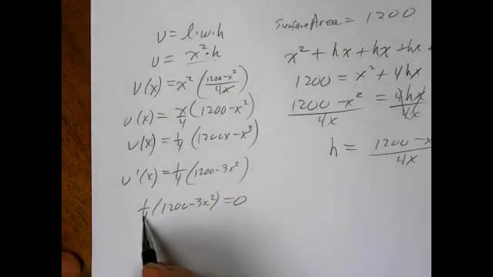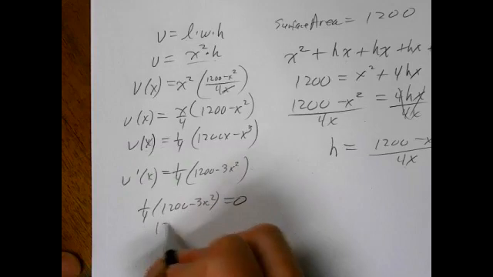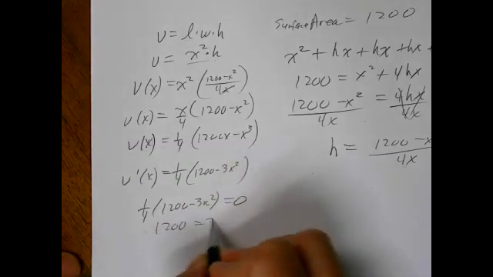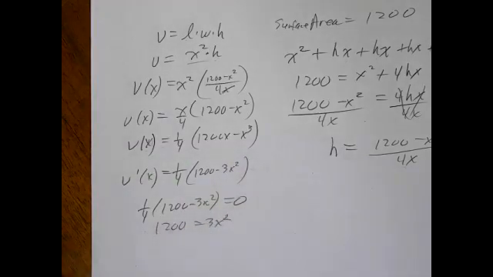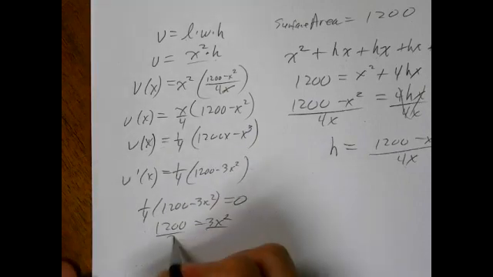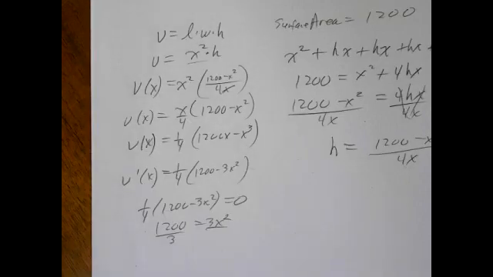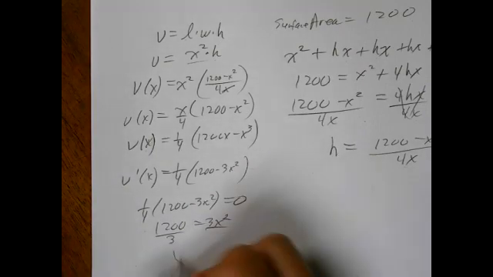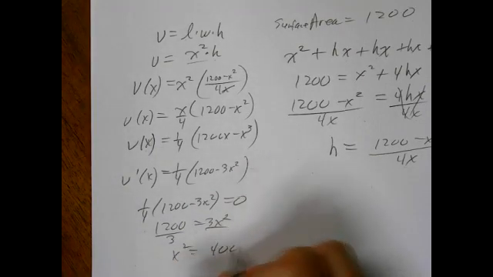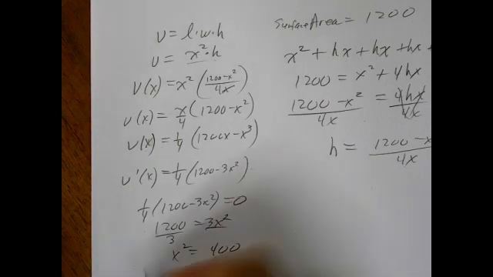The 1/4 is irrelevant here. Divide by 3 on both sides here. And use extraction of roots.